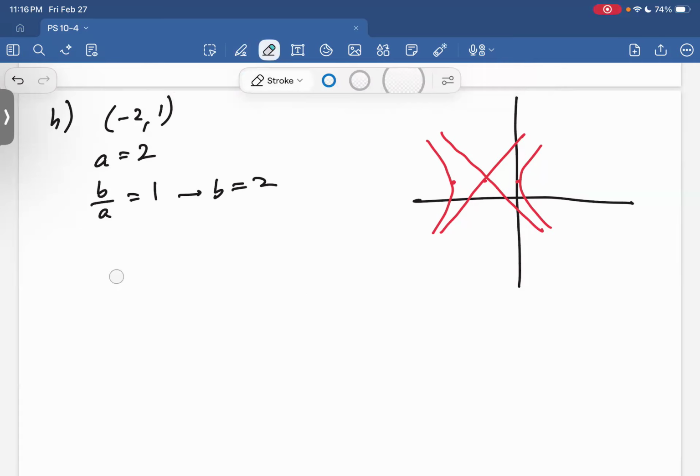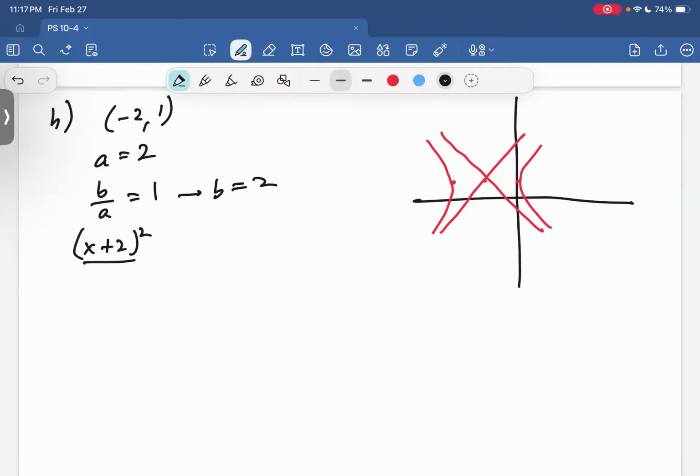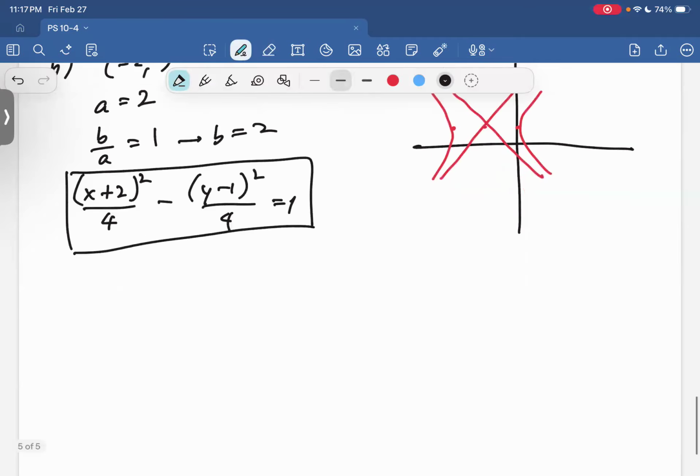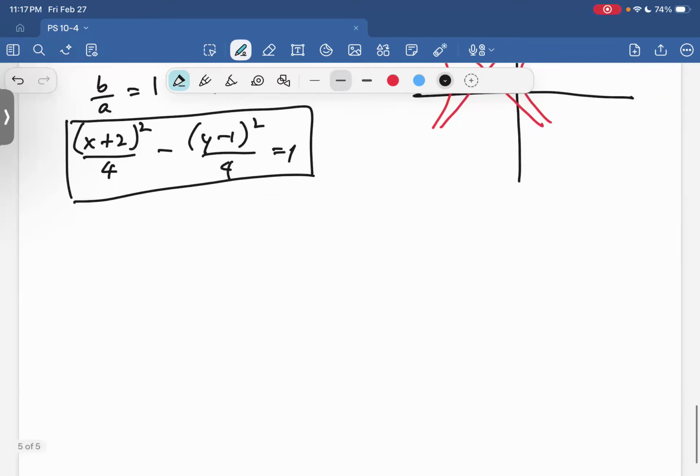This is a horizontal hyperbola, so X comes first, right? Uh-oh, these look kind of tricky.